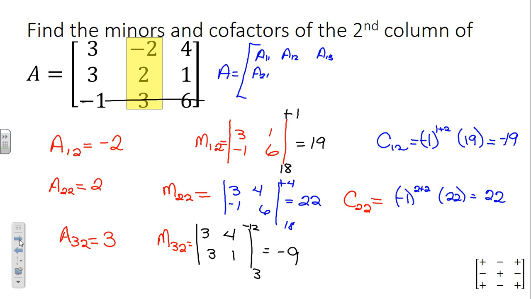Get negative 9 for the minor, and a positive 9 for the cofactor.